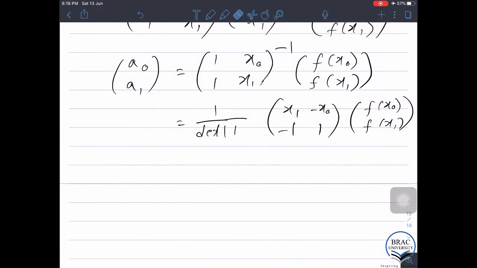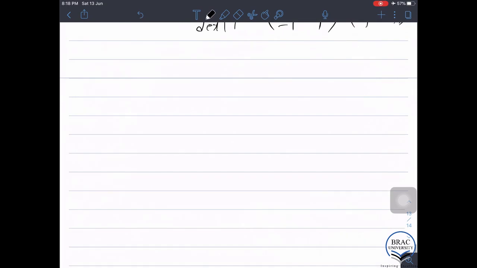So now, this was a simple case when we had to calculate the polynomial from just two nodes. From two nodes, the degree of the polynomial was 1, right? So what if it is general? That means that I have x0, x1 up till xn. Then what will be the degree of my polynomial? Now you can see that I have n plus 1 nodes.